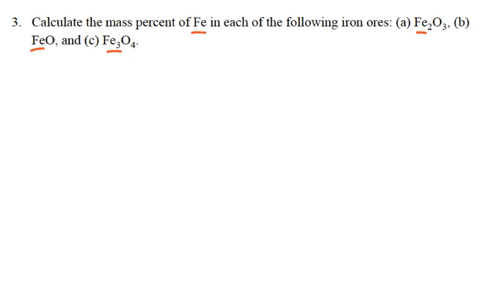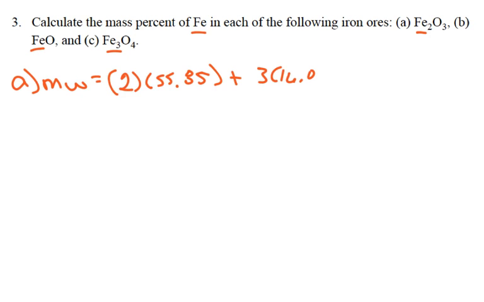So for each of these, we have to find the molar mass. Iron is 55.85, and then oxygen 16, giving 159.7.